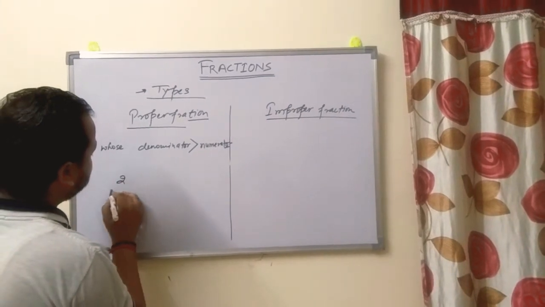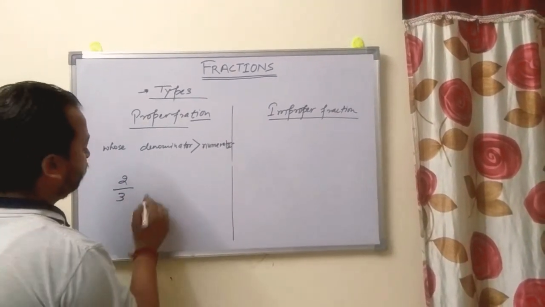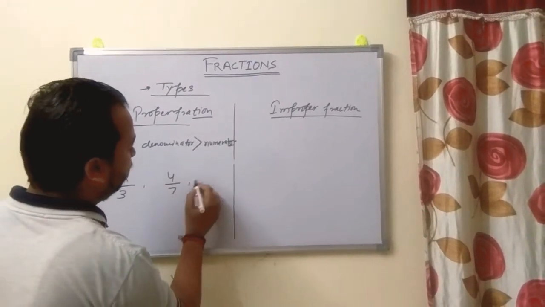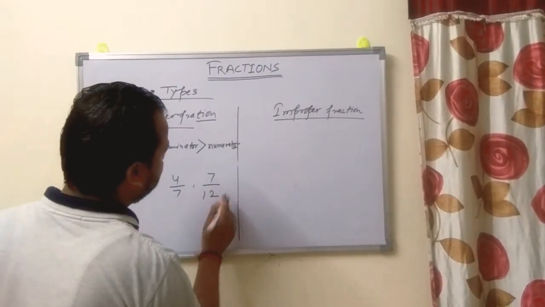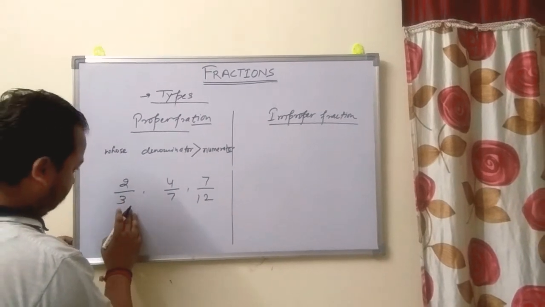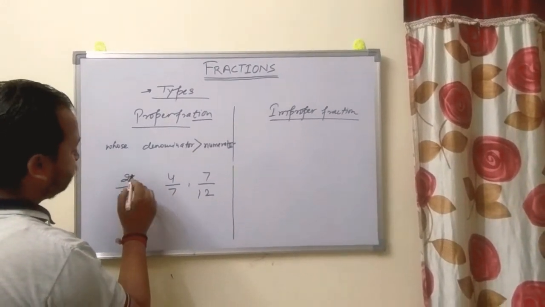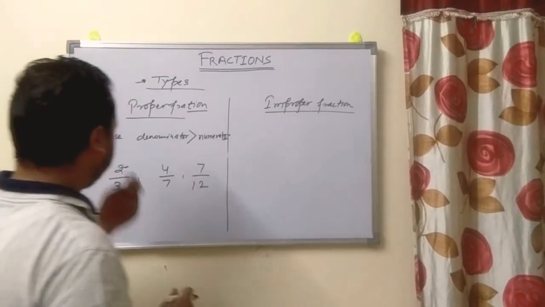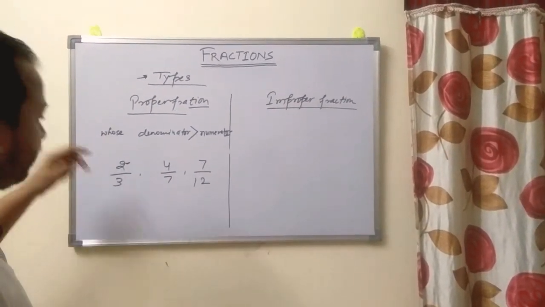Suppose it is written as 2 by 3 or 4 by 7 or 7 upon 12. Here the numerator is smaller than denominator, or denominator is greater than numerator. So it is known as proper fraction.